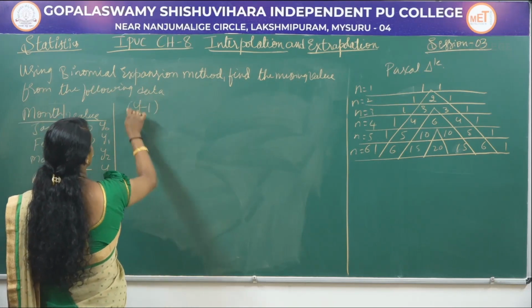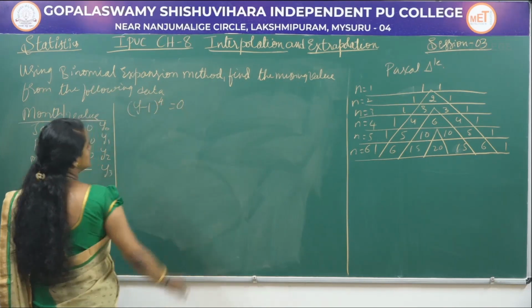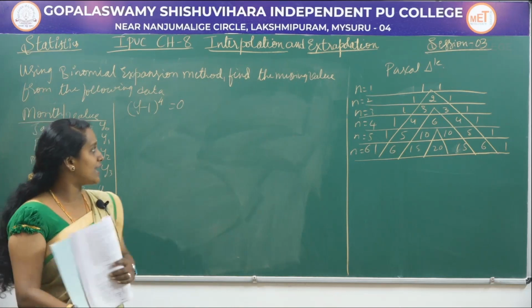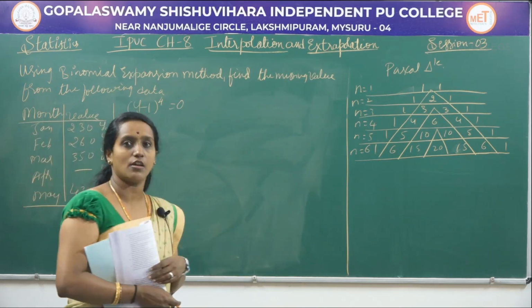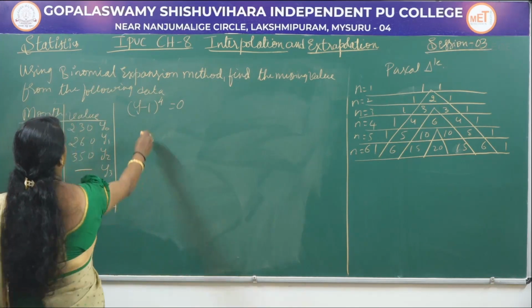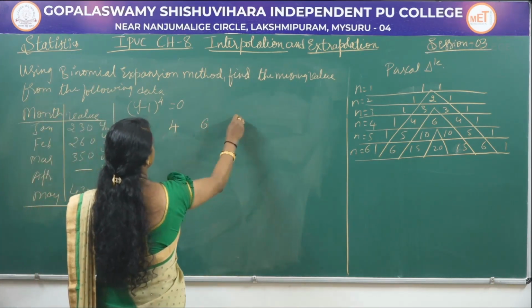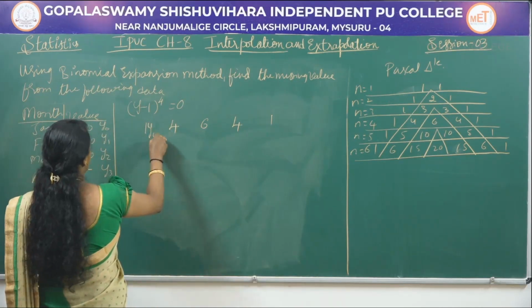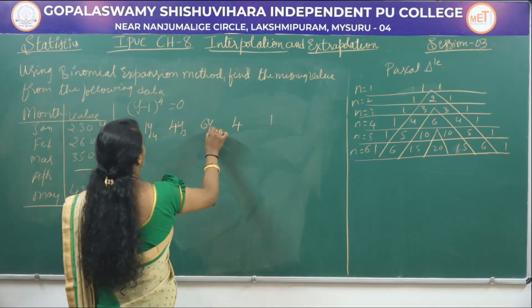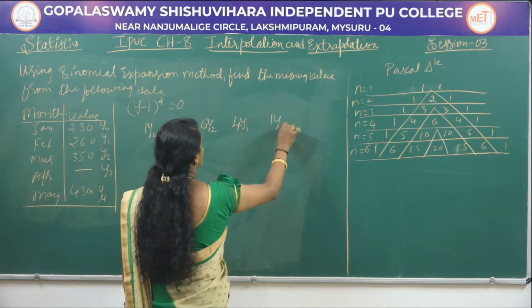So (y minus 1)^4 is equal to 0. And in Pascal's triangle, for n is equal to 4, the coefficients are 1, 4, 6, 4, 1. Take the y values: y4, y3, y2, y1, y0.